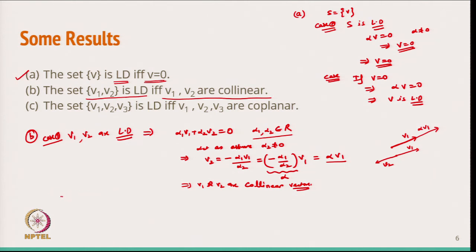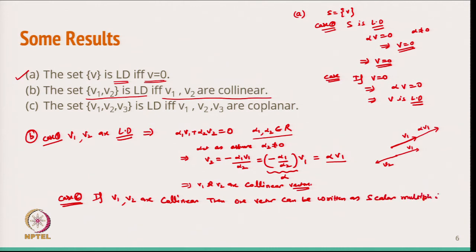And then I just take case 2, that if V1 and V2 are collinear, then one can be written as scalar multiple of the other, because if one vector is V1 and another vector is V2, definitely I can write my V2 as some scalar multiple of V1.